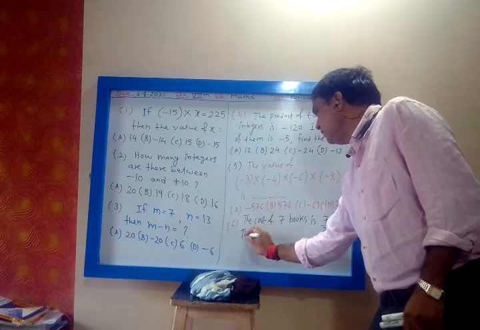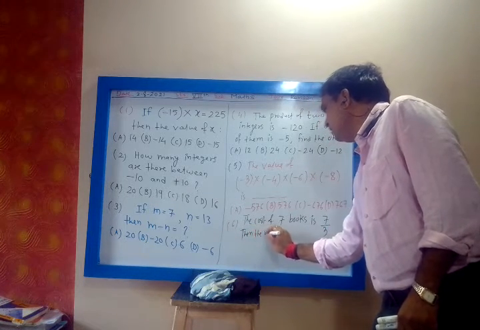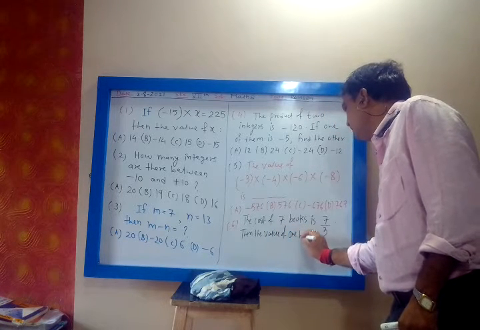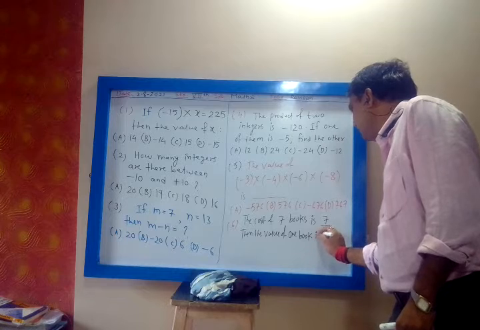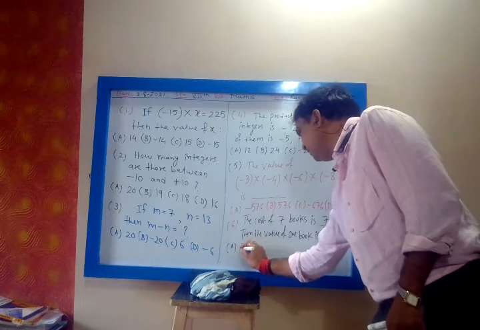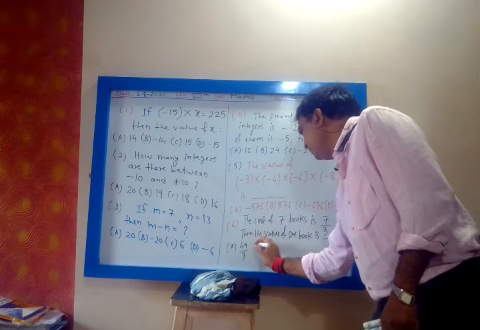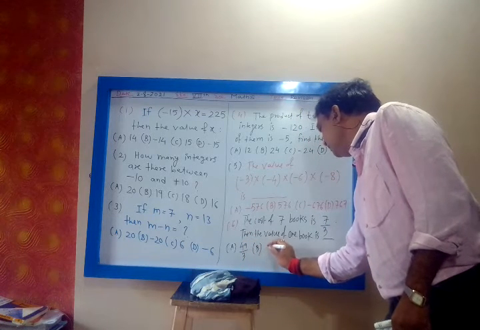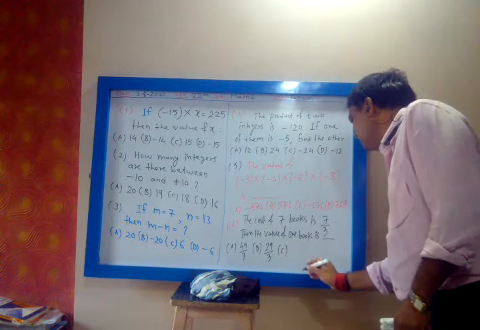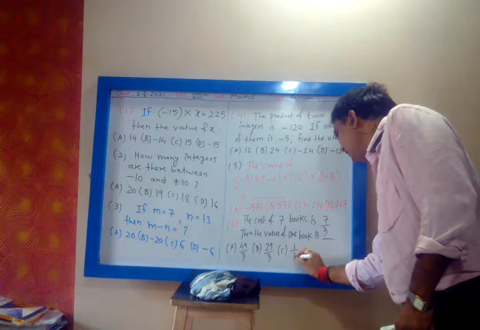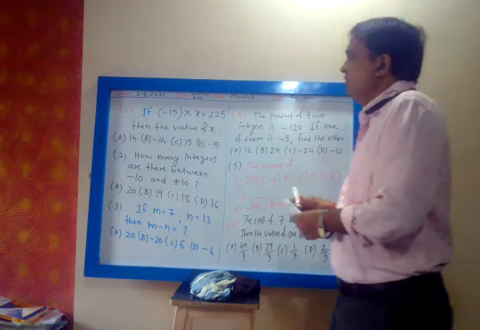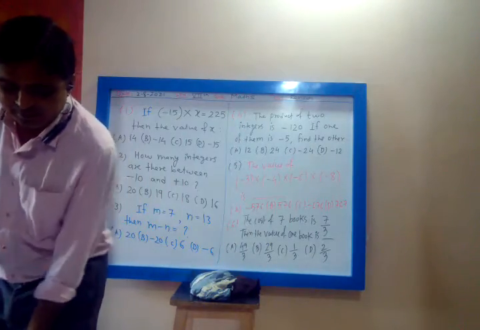Then the value of one book is: option A, 49 by 3; B, 29 by 3; C, 1 by 3; D, 2 by 3. Start solving. Do it fast.